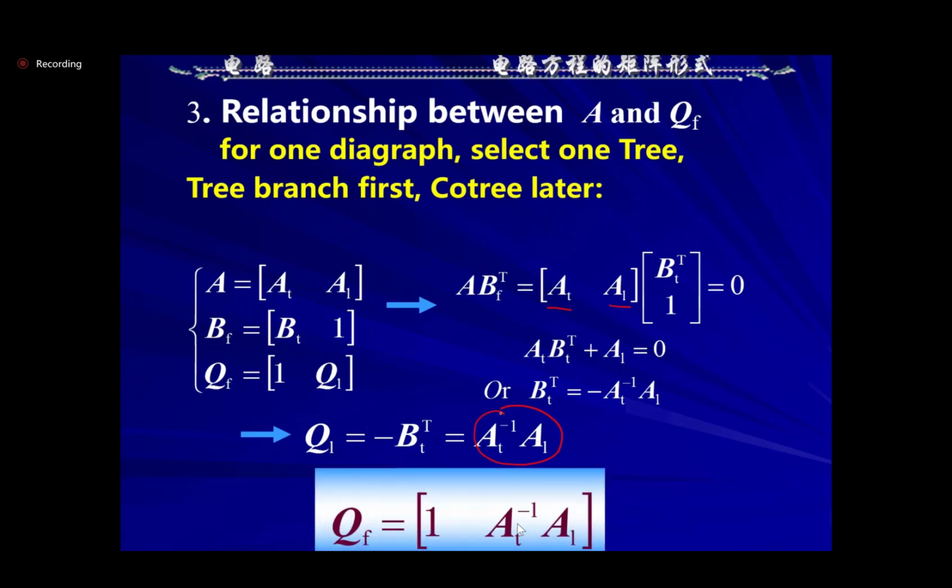This also means for a digraph, if we have drawn the matrix A and we select the tree and cotree, we can calculate B and Q from A.